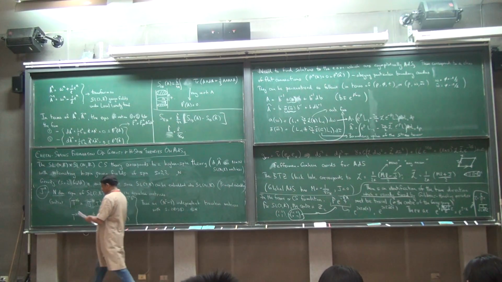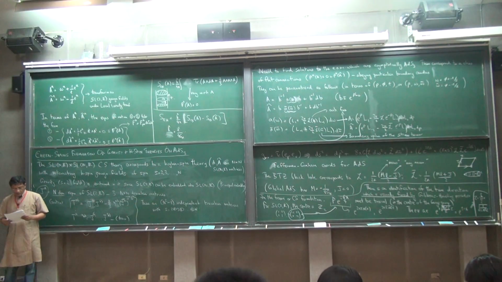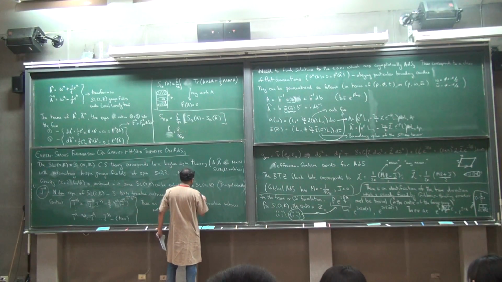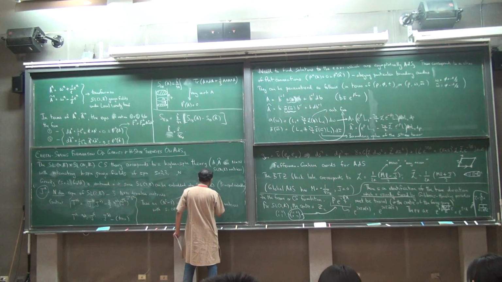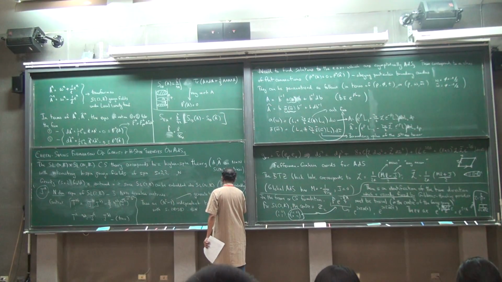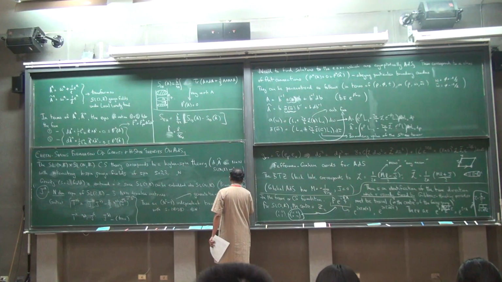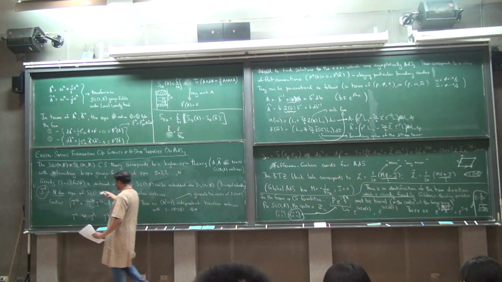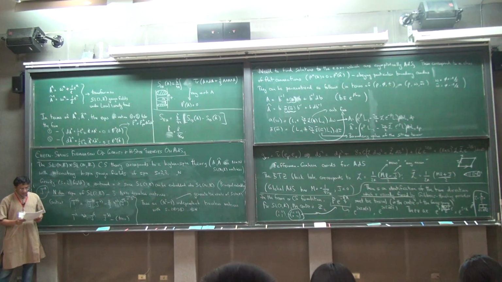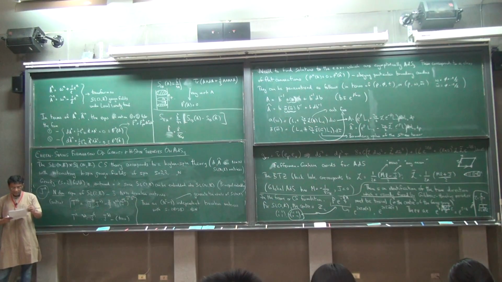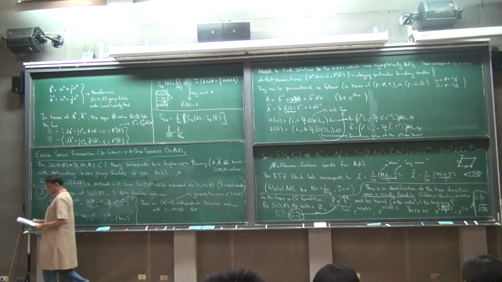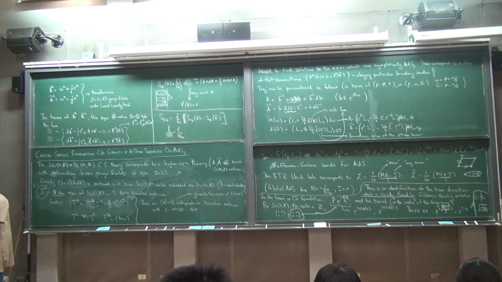I'll justify this a little bit more tomorrow. And these generate the whole of SLNR, because SLNR has dimension n squared minus 1. So the Lie algebra of SLNR is generated by all these independent matrices. And we'll see that these will correspond to the higher spin fields of spin 2, 3, all the way up to n. But I'll talk about that tomorrow.